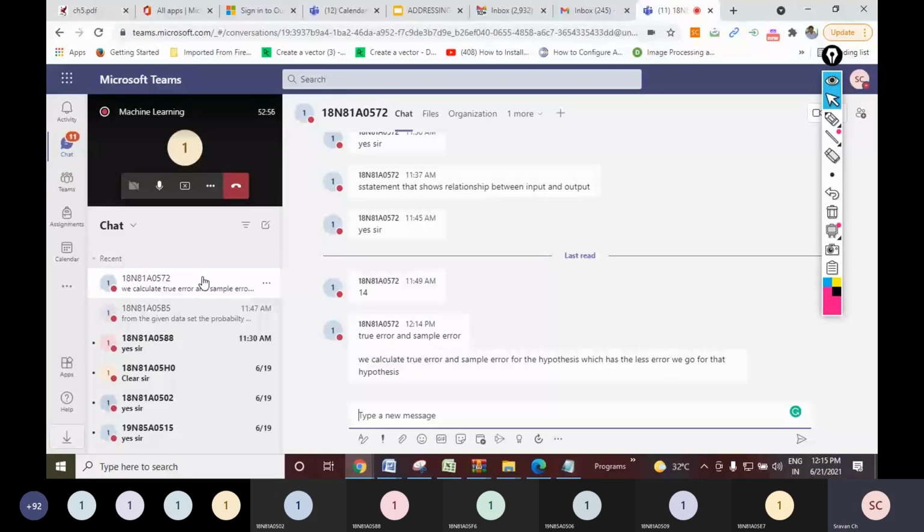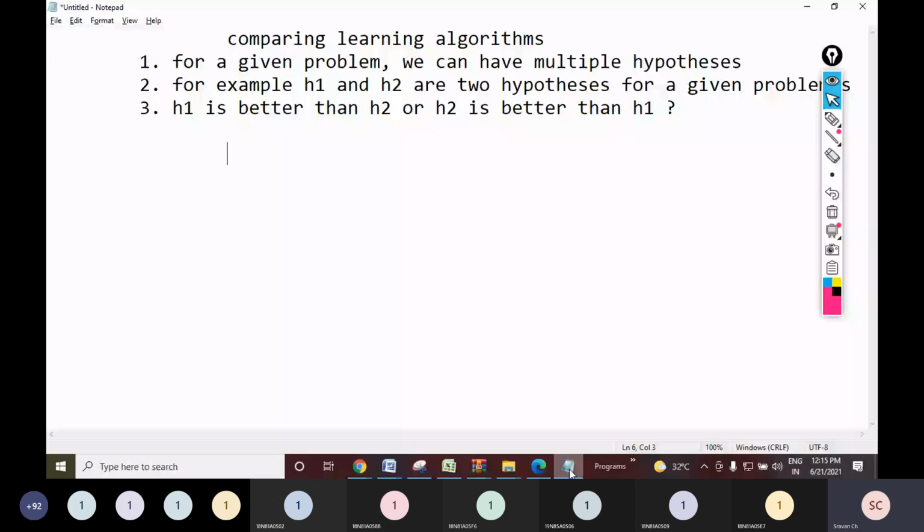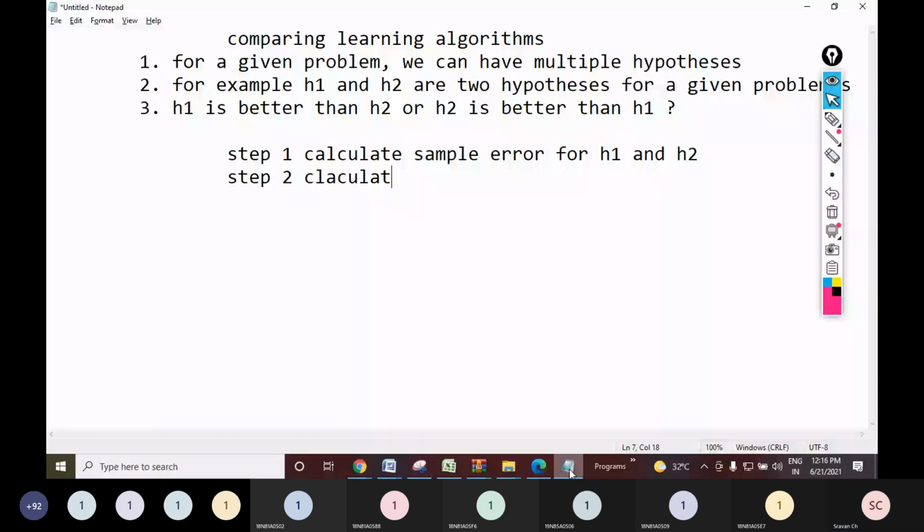So first, step one. What is step one? Calculate the sample error for H1 and H2. Step two, calculate the true error based on the sample error of H1 and H2.